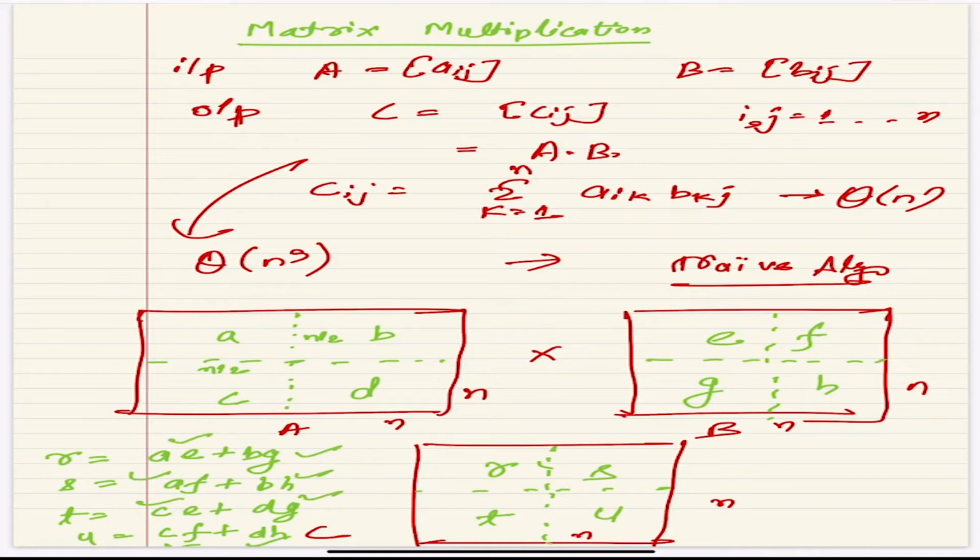And how much time does the combining take? You are doing additions. They are all n square elements, and if you add matrices of size order n square, you will take order n square, right? Elements you add one by one. So I can express T(n) as 8 times T(n/2) plus theta n square.